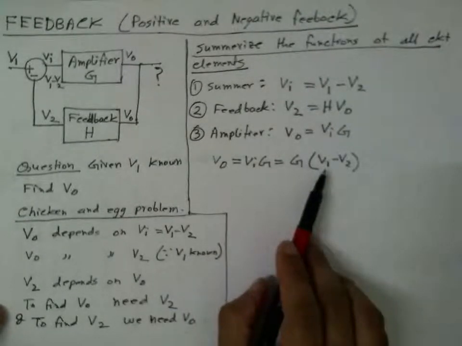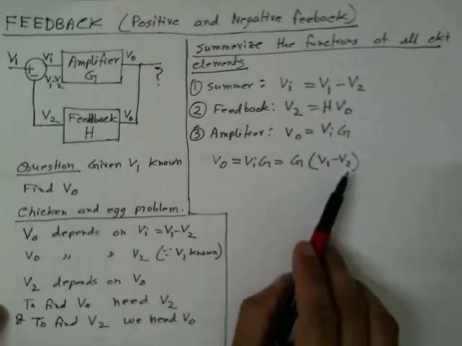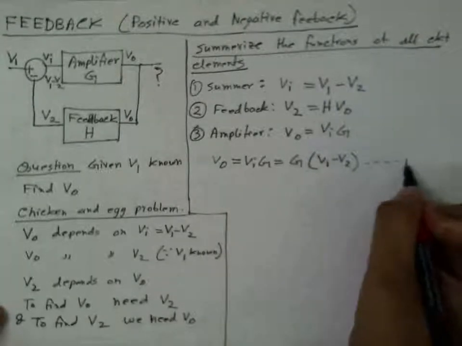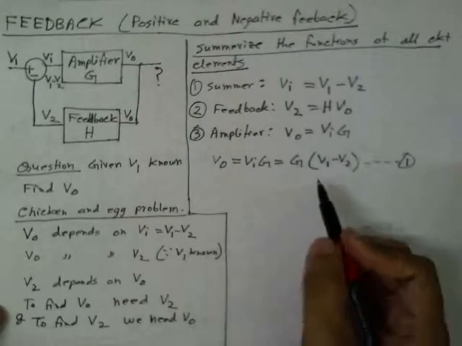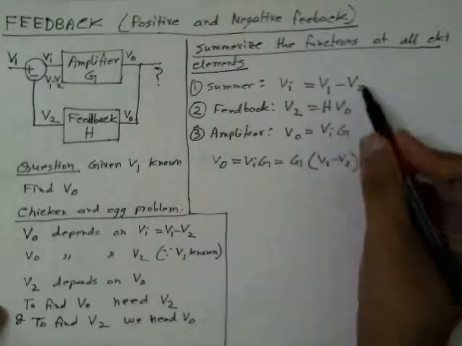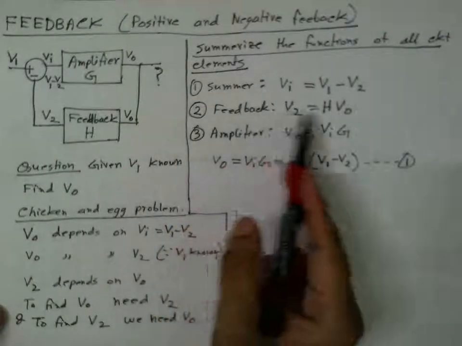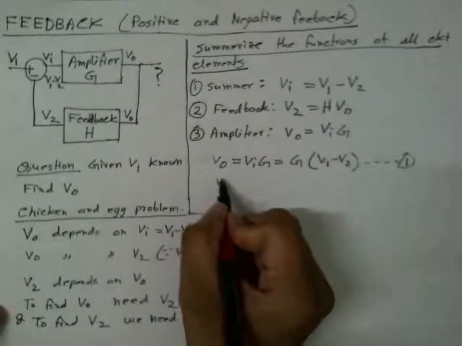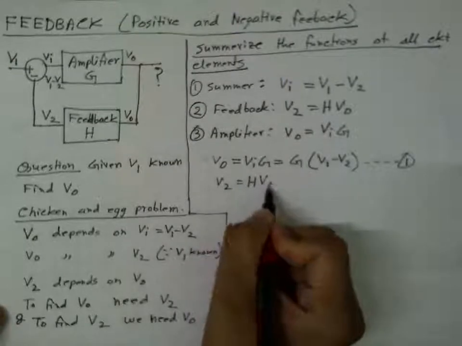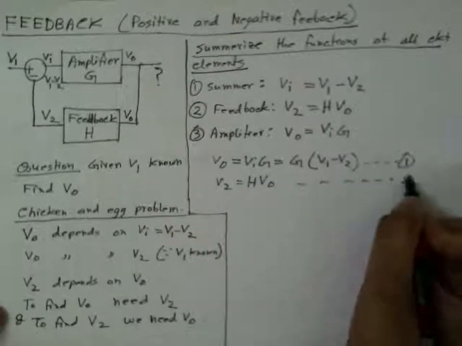Now I know the value of V1, but V2 is the unknown. So this is one equation. And then the function of the feedback element tells me that V2 is H VO. So this is equation 2.